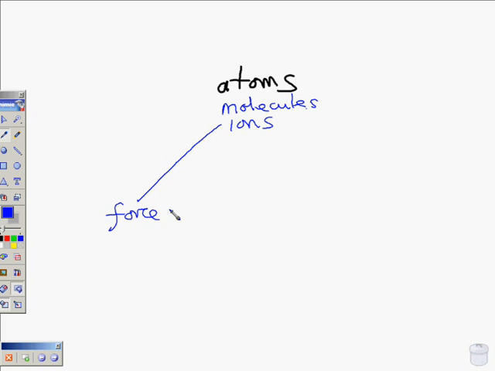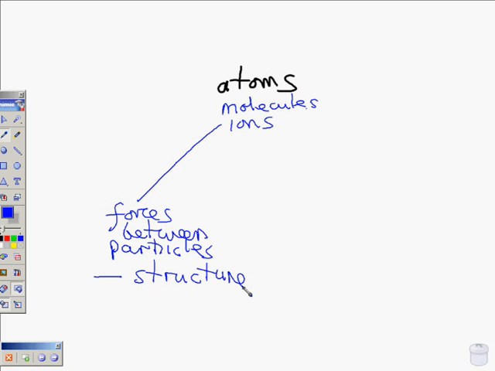Forces between the particles will influence the structure as well. But once you know what the particles are, once you know what the forces are, you can then begin to say something about the properties.